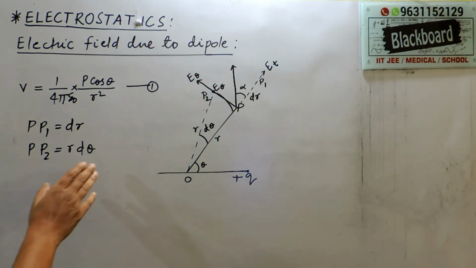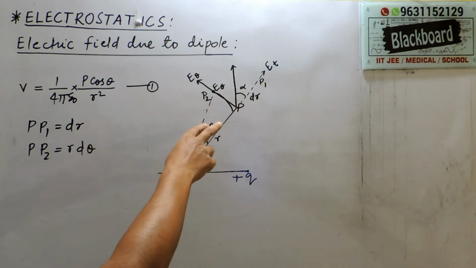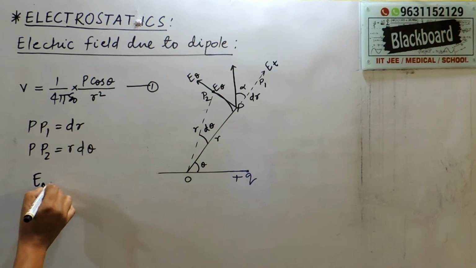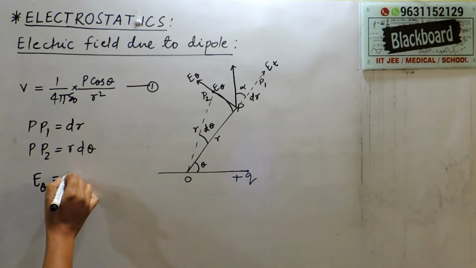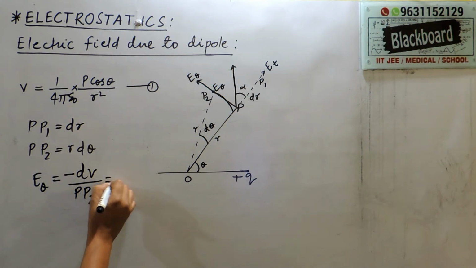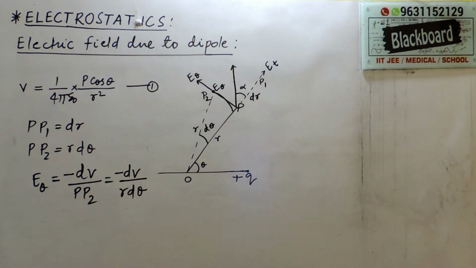Similarly, the component of electric field at P in the direction of PP2, that means the transverse direction, is given by E theta. E theta is equal to minus dV by PP2, and PP2 is r d theta. That means you can write minus dV by r d theta. Again use partial differentiation.